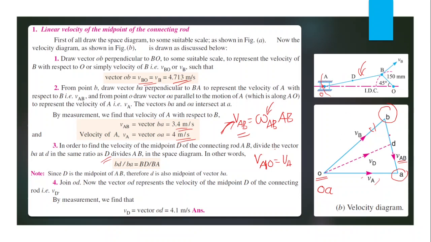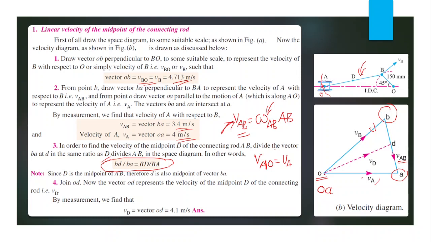That is, small bd divided by small ba must be equal to capital BD by capital BA. That means the same ratio must be kept in the space diagram and also in the velocity diagram. Then we can find this small letter d.